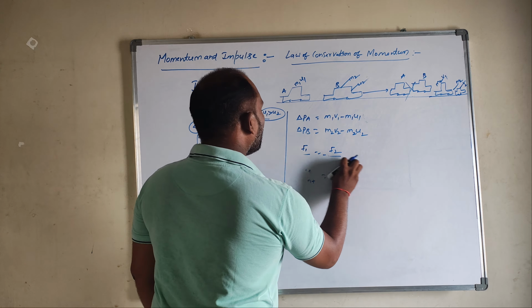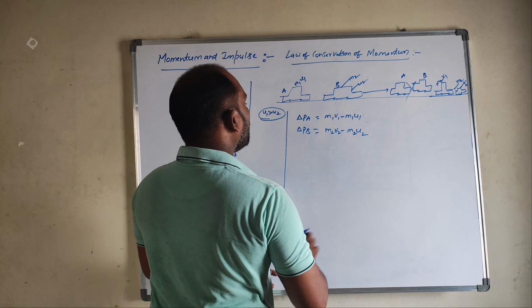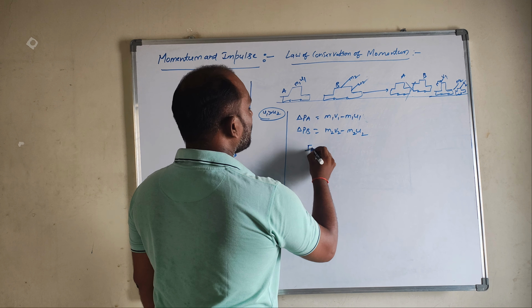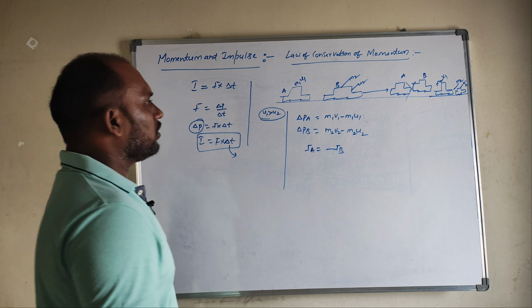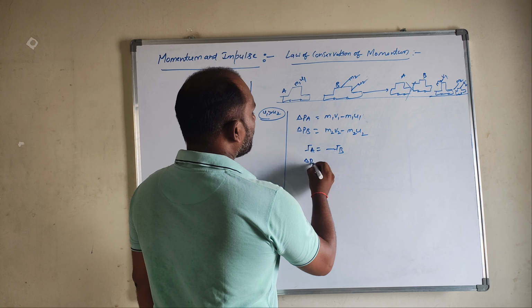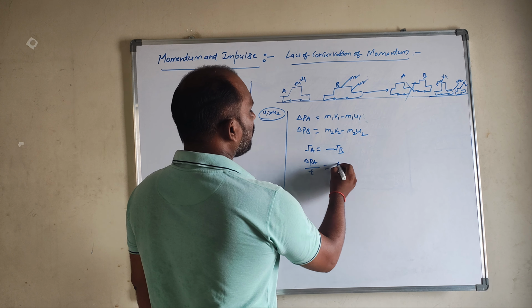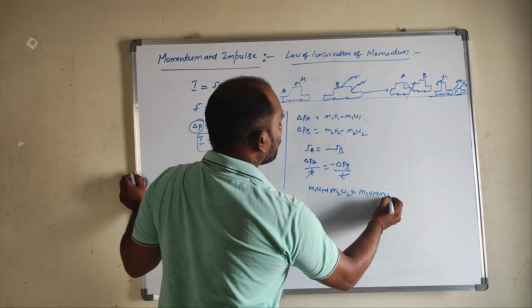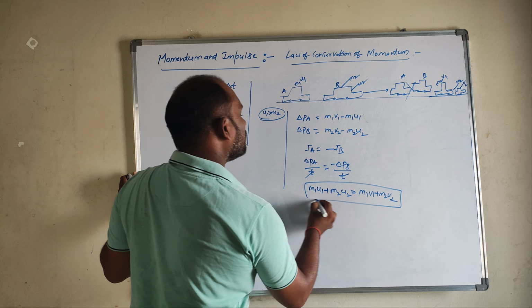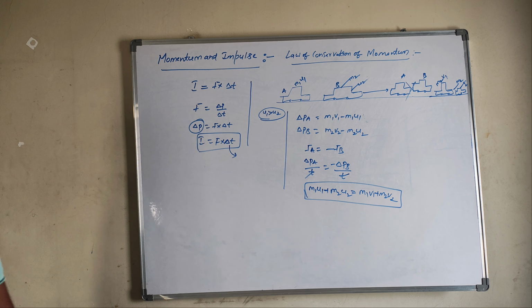The force experienced by A is always opposite to the force experienced by B. So delta pA by t is equal to delta pB by t, in opposite directions. Now t cancels. So what do you get finally? m1 u1 plus m2 u2 is equal to m1 v1 plus m2 v2. This is the way we get the law of conservation of momentum.